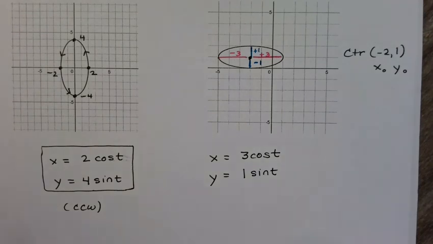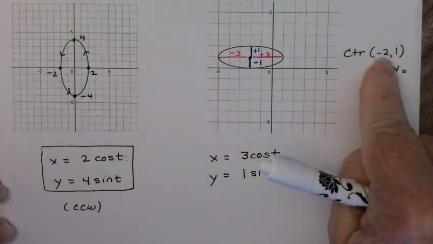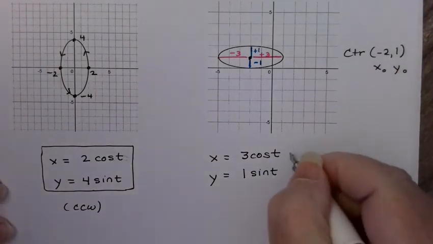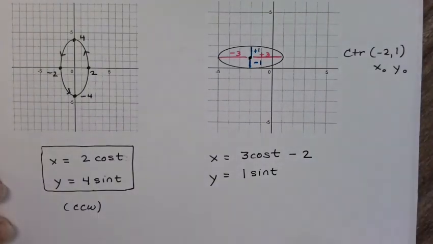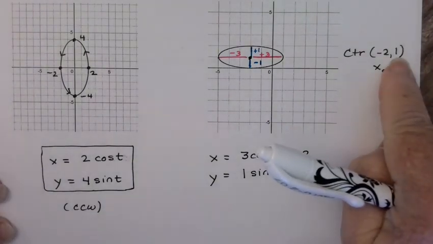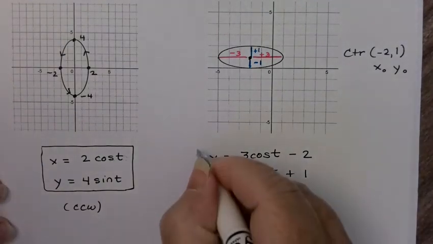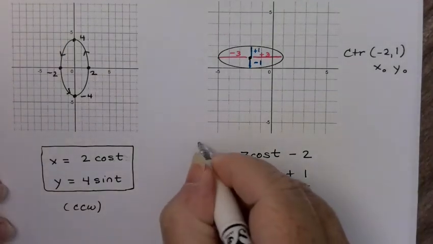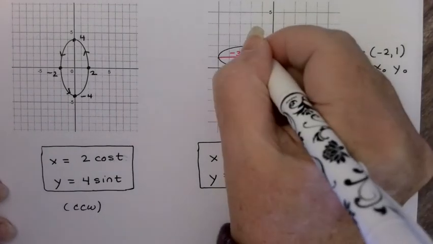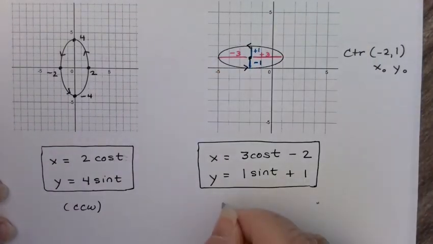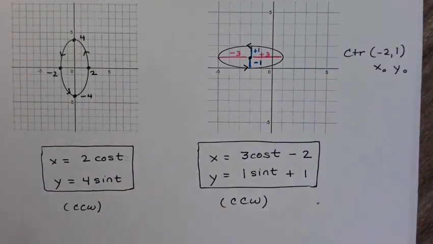Then, to get the center to shift, I have to shift -2 in the horizontal direction, so -2 on the x, and I have to shift up 1 in the y direction, so +1 in the y. And once again, I made the assumption that we were going around counterclockwise. Had we wanted to go clockwise, I could, of course, have just reversed the x and the y. That would have worked fine. All right.